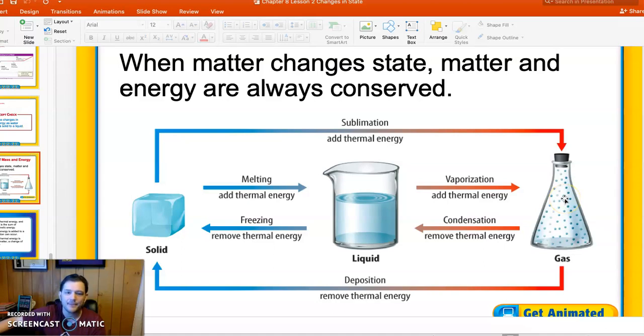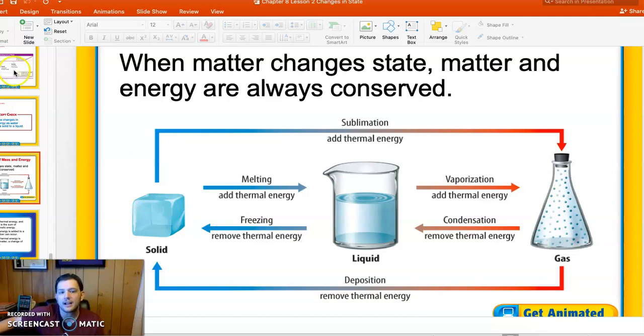It doesn't have time to be a liquid. So those solids are vibrating, and when there's such a dramatic temperature change, it goes boom, and they go right to a gas. Dry ice is the best example that I can tell you. The opposite of that is called deposition, when you go from a gas right to a solid. One example of that is, like I said, the frost on the grass that you see in the morning.